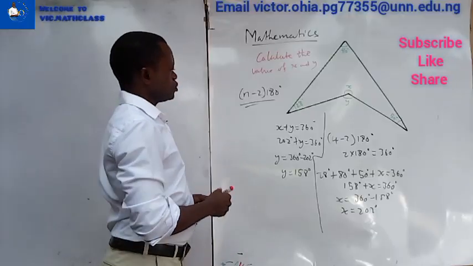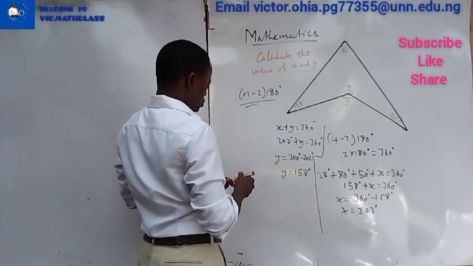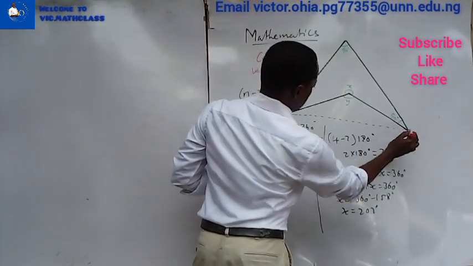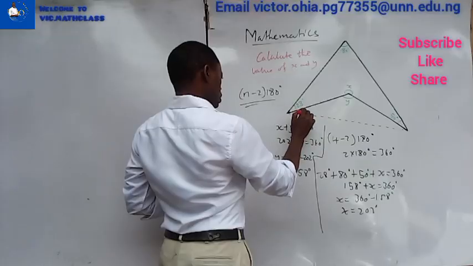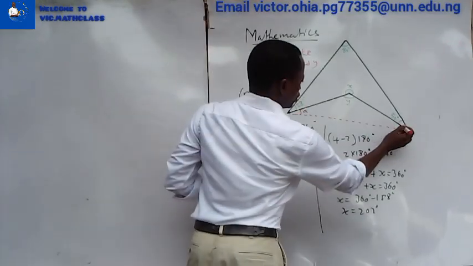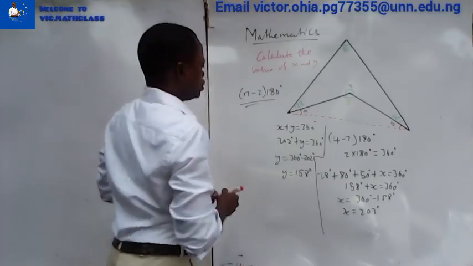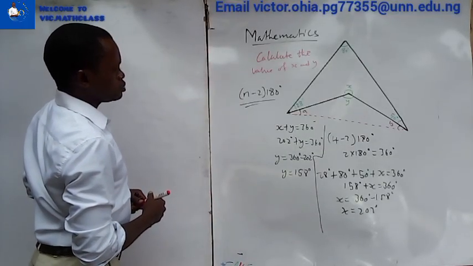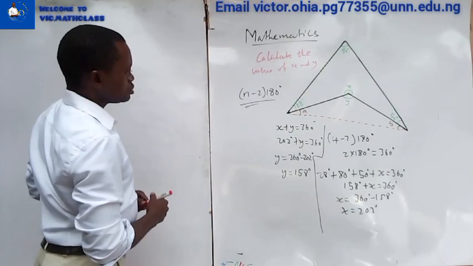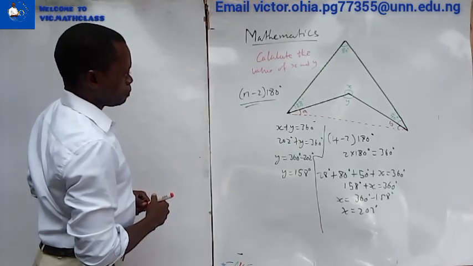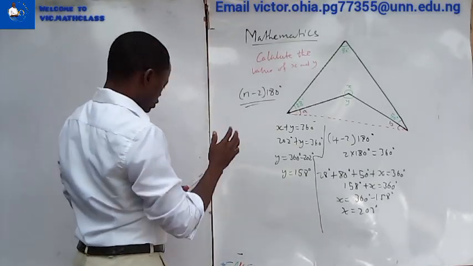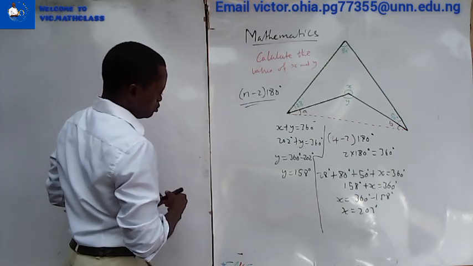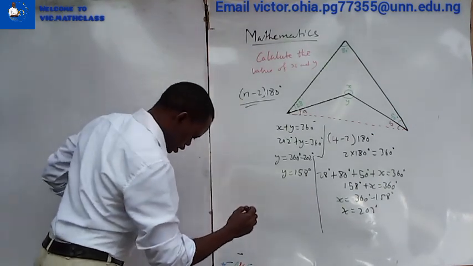Alternatively, permit me to put up a line across this way. Okay, and if I do so, I may call here A and call here B. So that I am going to have two triangles in one. I'm sure you can see that with me.